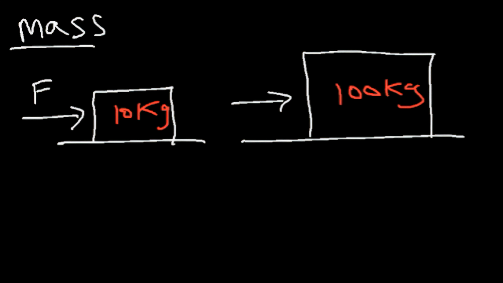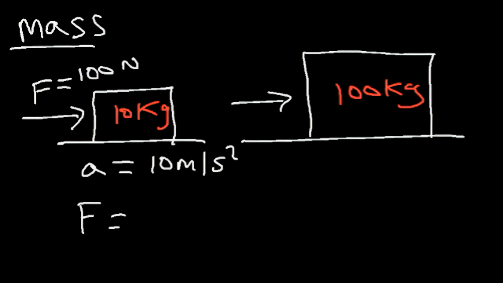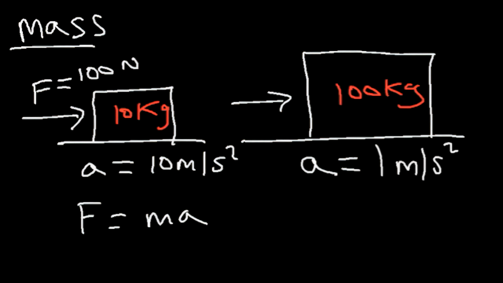its motion. If we apply a force of 100 newtons, the 10 kilogram box will feel an acceleration of 10 meters per second squared, according to Newton's second law, F equals ma. The 100 kilogram box will have an acceleration of 1 meter per second squared. So because it's heavier, it has a smaller acceleration, and so it's going to move slower.